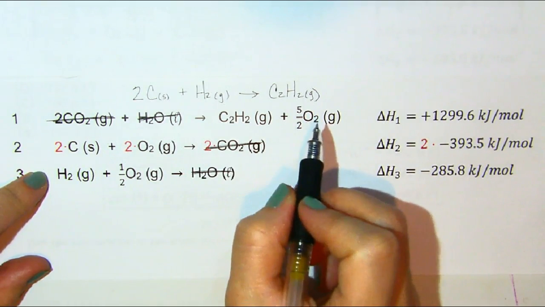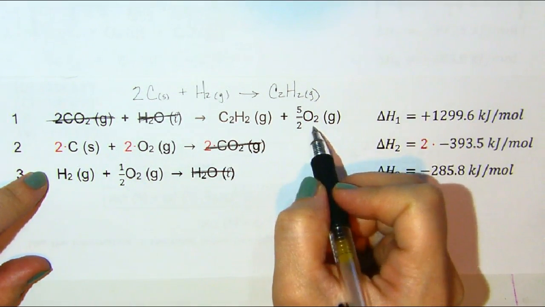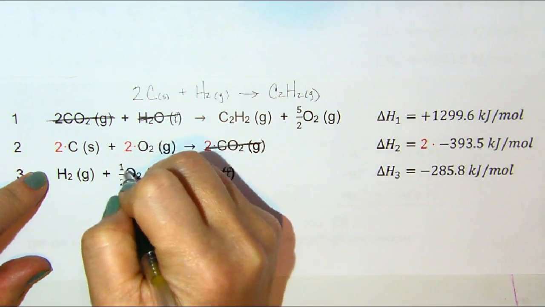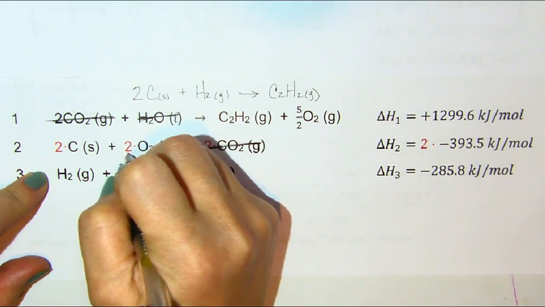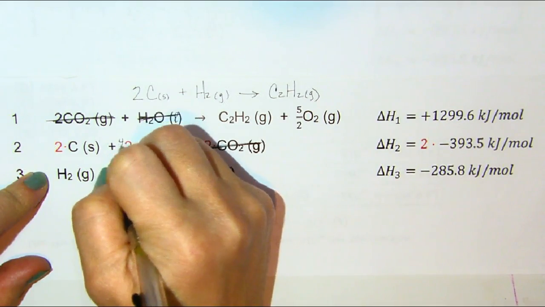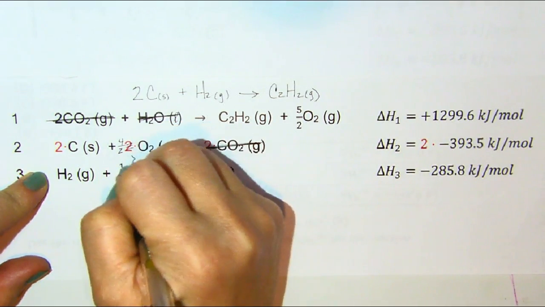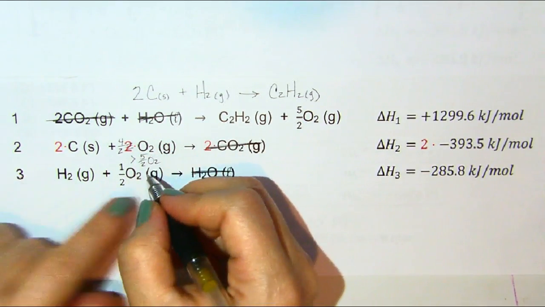We have oxygen here, here, and here. Notice these two oxygens are on the reactant side, so if I combine them, and if I were to give this a denominator of 2, it would become 4/2. And 4 plus 1 makes a combination of 5/2 oxygen on my reactant side.